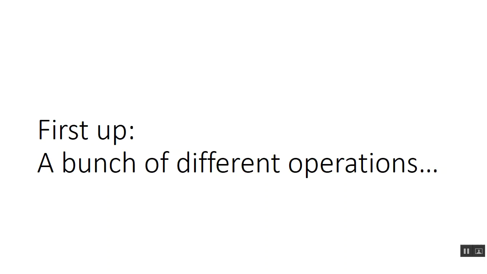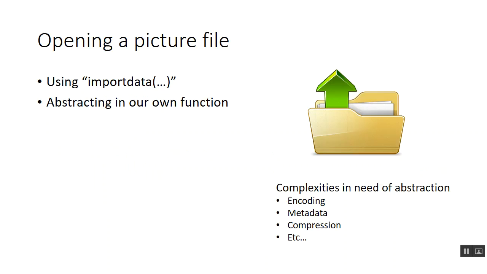So the first thing we're going to do is line up a bunch of different operations. And like we mentioned before, the first thing we've got to do is open up the file so that we can load it in. And it's important to remember what MATLAB is abstracting. If we think about a JPEG image, there's an encoding standard, there's metadata like the GPS coordinates of where it was taken, the time it was taken.